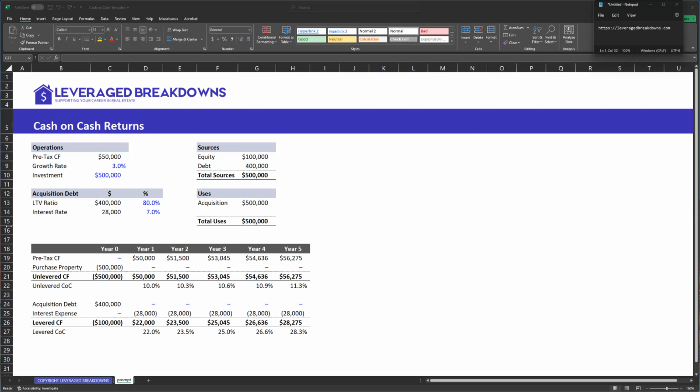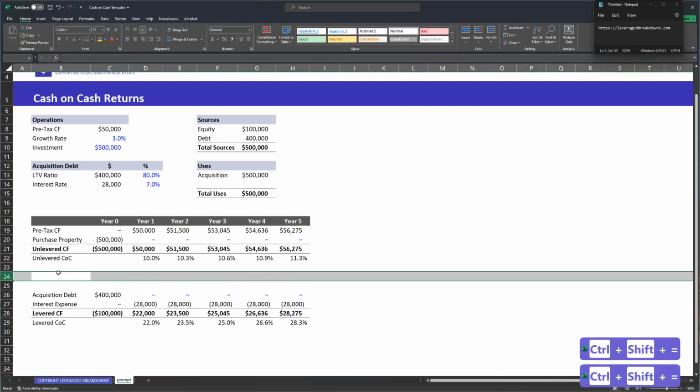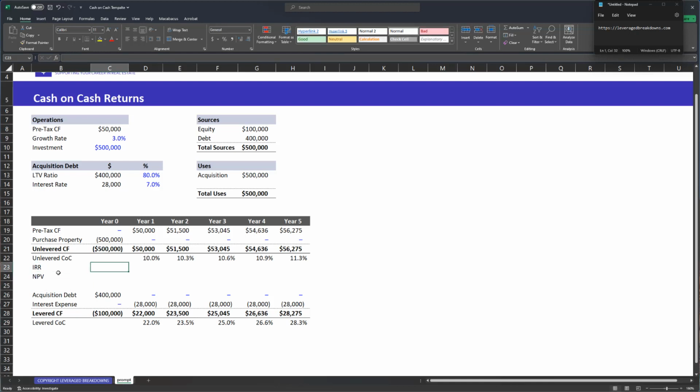Cash on cash return does not account for the time value of money, which is a very important metric in real estate. Two items that do account for the time value of money are going to be your IRR and your NPV. So what are either of these metrics and what do they represent?